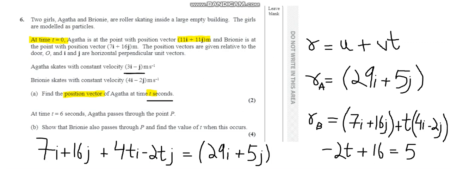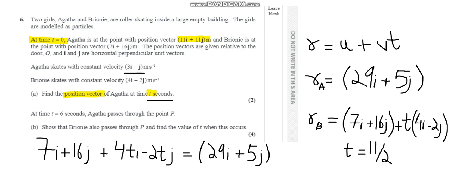Now I'll find it for the j unit vector too. I have minus 2t plus 16 equal to 5. That's the equation for the j perpendicular unit vector. To make minus 2t the subject, I'll subtract 16 from both sides. Minus 2t is equal to 5 minus 16, and 5 minus 16 is minus 11. Now we can see that we have a minus sign on both sides, so I'll cancel these signs, and to make t the subject, I'll divide both sides by 2.